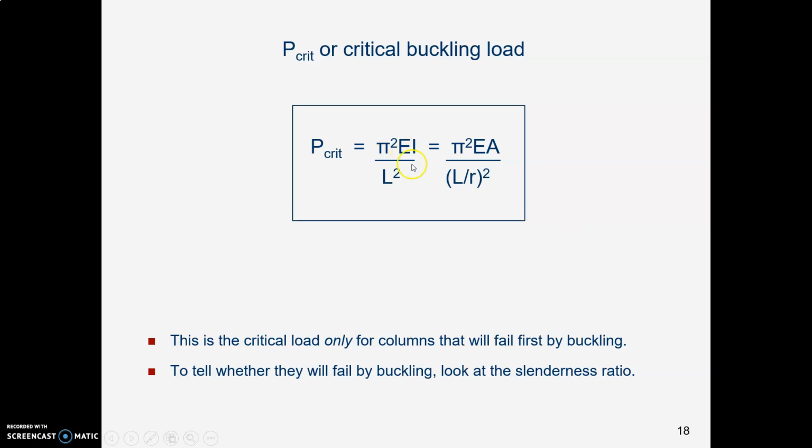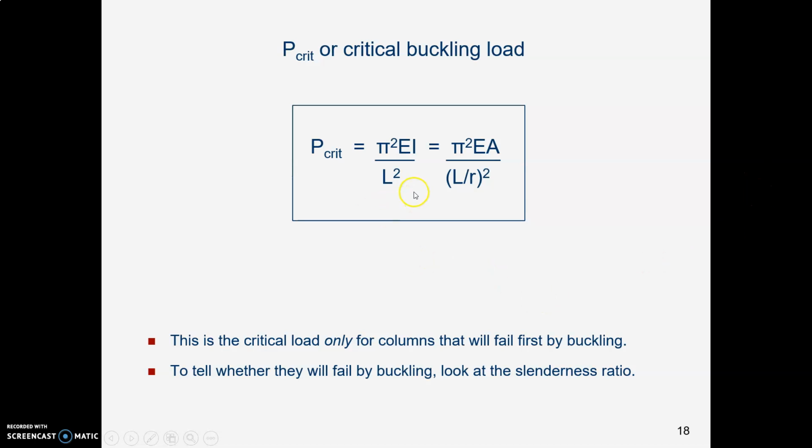Notice that both of these versions of the formula, and you can pick either one you like, both of them have a modulus of elasticity in the top, so it depends on how stiff the material is. And both of them have stuff that relates to stiffness of the shape, and both of them have a length squared in the bottom. What that means is that this critical buckling load is really sensitive to how long the column is.